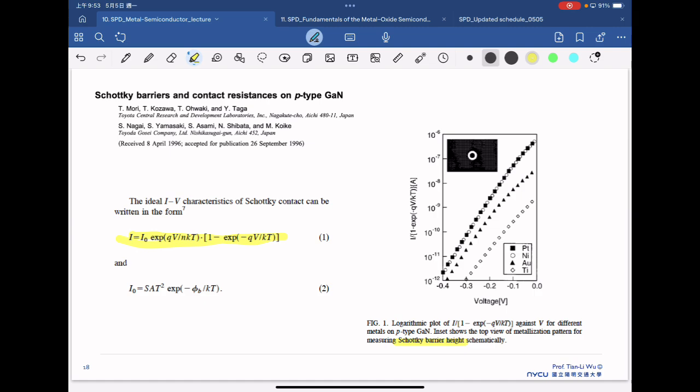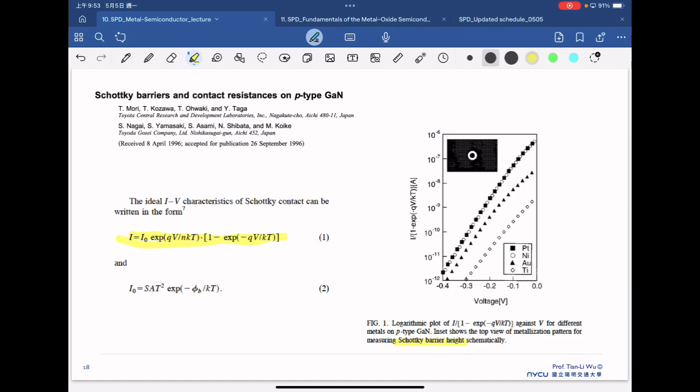If you look at this IV curve in detail, you will find that it is exactly the same IV curve that we already mentioned.